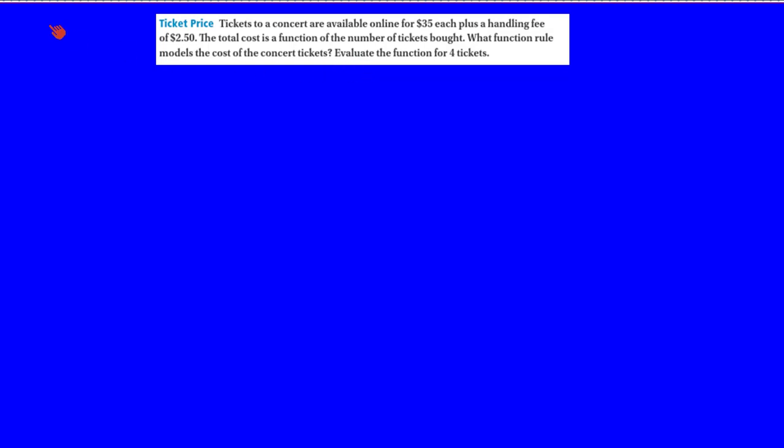All right. So let's break this down and start thinking about the dependent variable here. So the cost is going to be the dependent quantity and the number of tickets is independent. So cost is going to be the dependent, right? And we said that the number of tickets is going to be the independent quantity. So let's look at this.